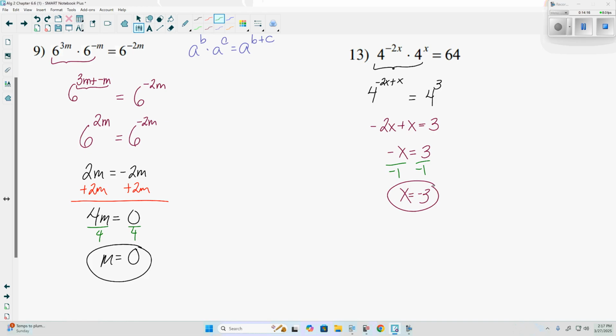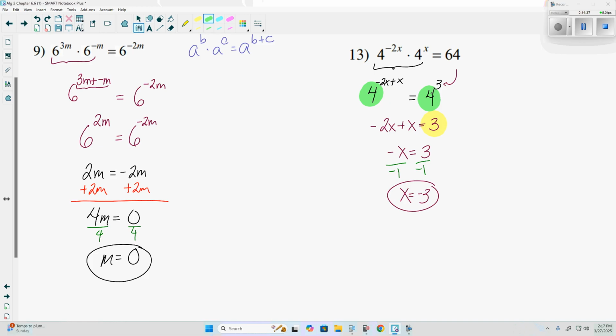So, yes, that is a good question. It's kind of how we got this 3 here, yes? So at this point, we're able to rewrite the 2 so they both have a base of 4, yes? So that's the same.